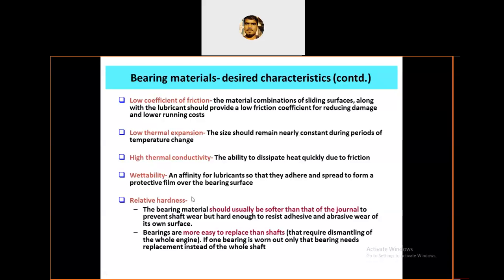If it is a soft material, it may easily get scratched. If hardness is less, it easily gets scratches on the surfaces. Those scratches may lead to wear or to failure of the component. So it should have a proper hardness, and that depends on which type of application we are going for, a high load application or a low load application. Based on that, we select the relative hardness.